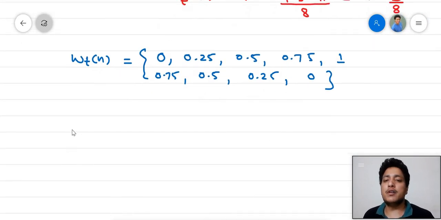Now by definition we have to truncate the ideal sequence, that is h_d(n), by multiplying with the window sequence, which will give the impulse response, that is h(n).